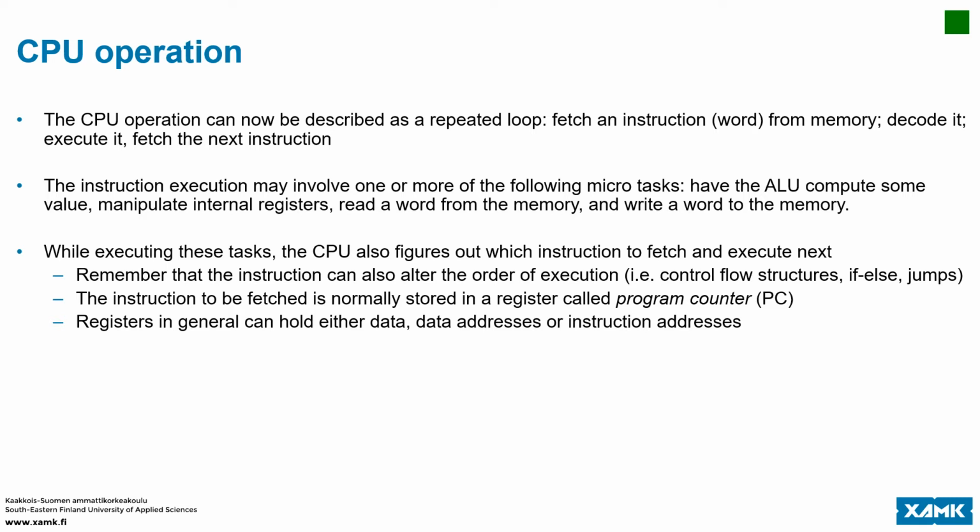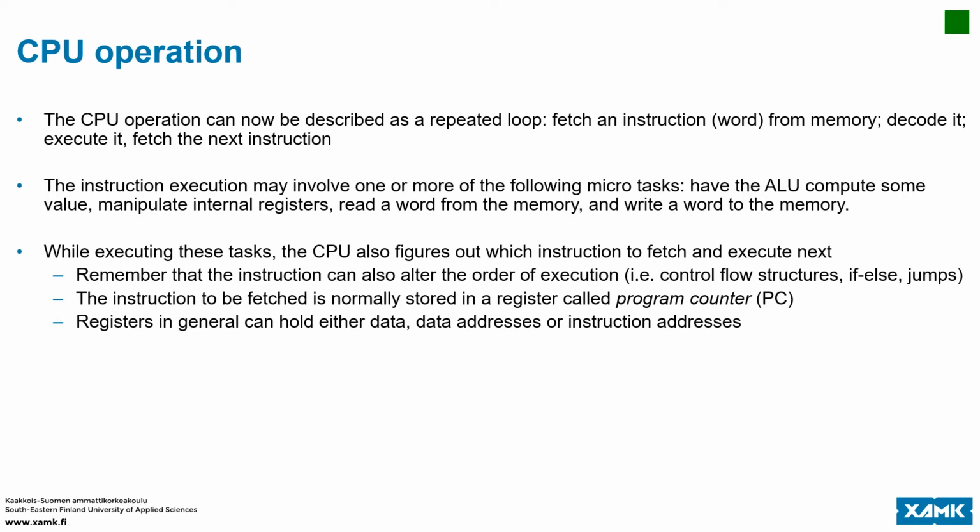Executing instructions may involve a couple of smaller steps. The ALU could compute some values, manipulate some internal registers, read some data from the memory, or write some data to the memory. And while the CPU is performing these tasks, it also figures out what instruction to fetch and execute next.